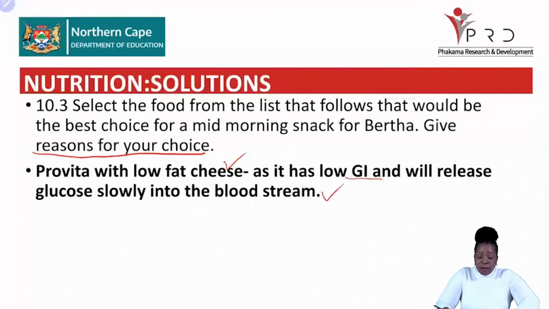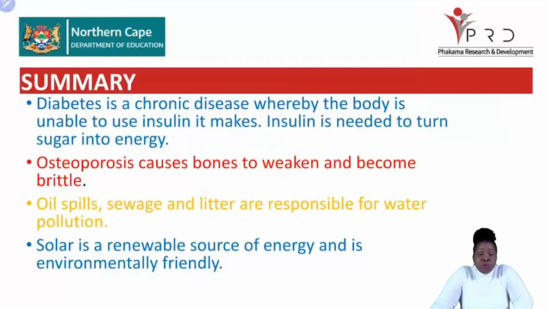And then we move on to our summary of the revision lesson. It says diabetes is a chronic disease whereby the body is unable to use the insulin it makes, or insulin is needed to turn sugar into energy.